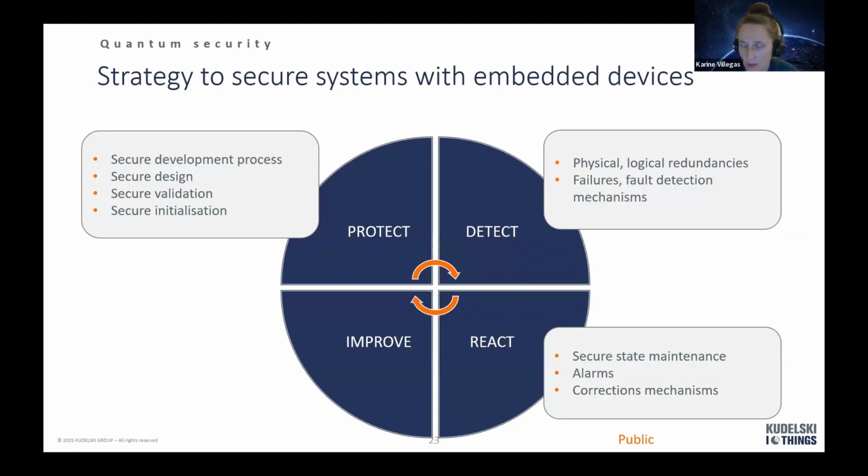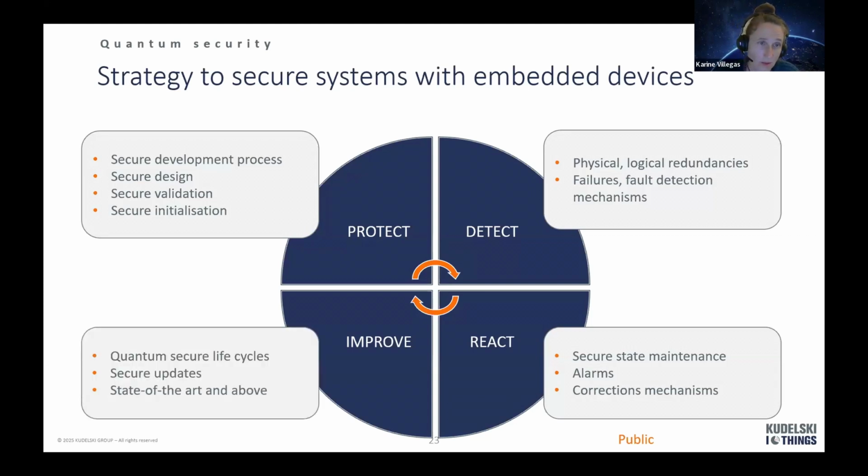You should also have mechanism to block the system and, if possible, create a correction in order that an attacker couldn't see that he really performs some things efficient. And the last strategy aspect is to handle, in fact, what we could say quantum secure life cycles, which include updates and also mechanism to put a device in a secure state.